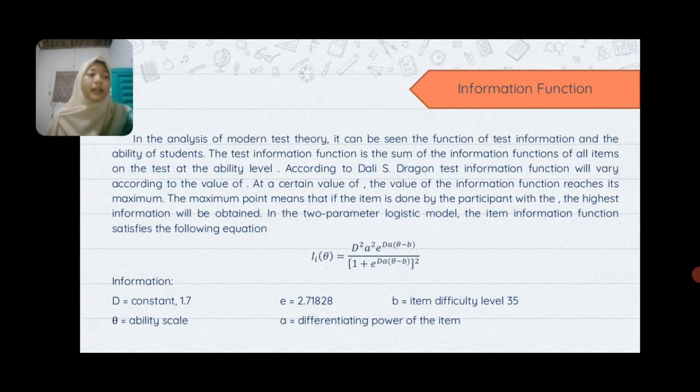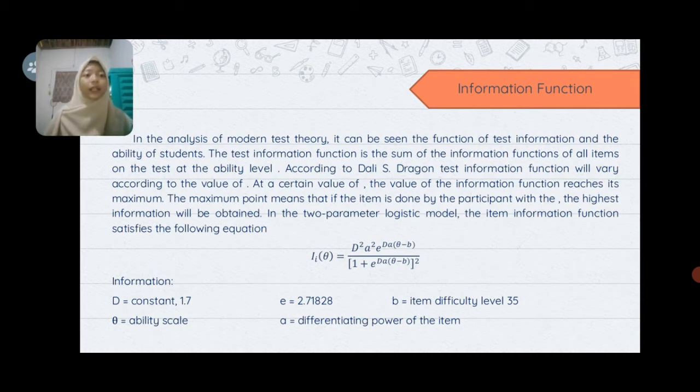And the next aspect is the information function. In the analysis of modern test theory, we can see the test information function and the ability of students. The test information function is the sum of the information functions of all items on the test at the ability level. According to Hambleton, the test information function will vary according to the value of theta.